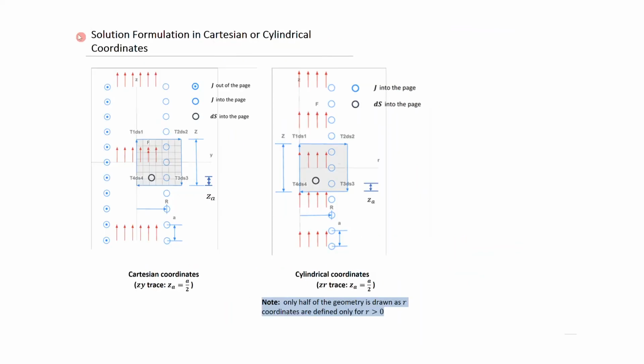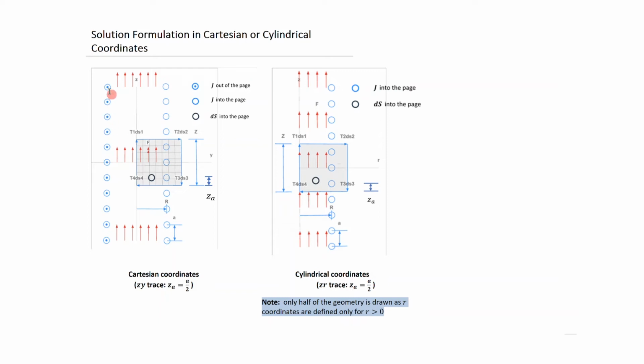Okay, so the next step is the solution formulation in Cartesian or cylindrical coordinates. Either one is acceptable; this is a question of choice. The difference is that in Cartesian coordinates, the x, y, and z coordinates exist, whereas in a cylindrical coordinate system we're dealing only with the coordinates r, theta, and z, and r is a value greater than or equal to 0.